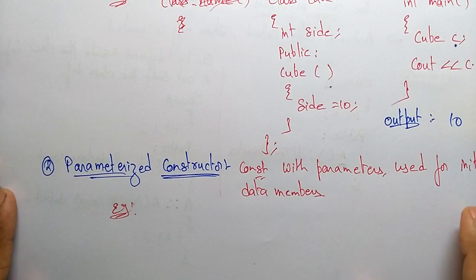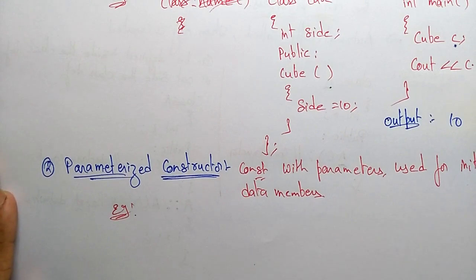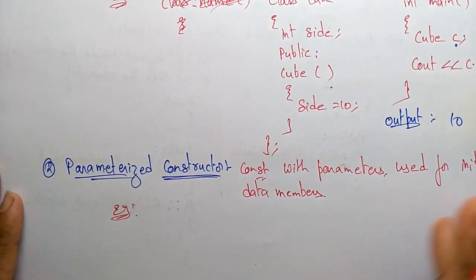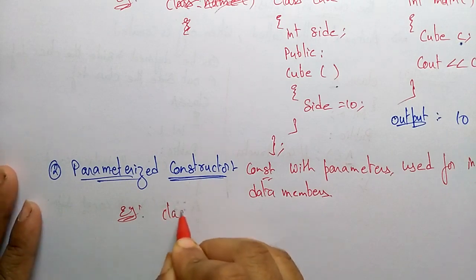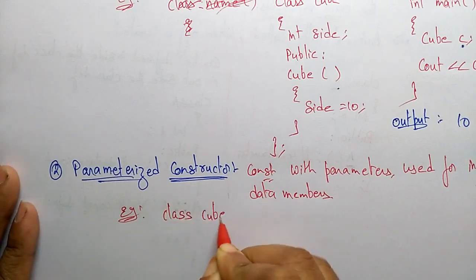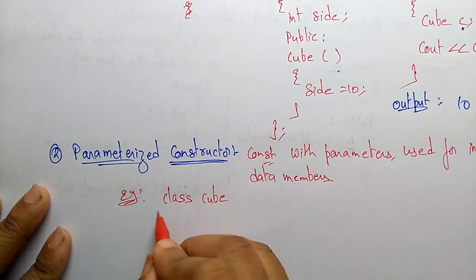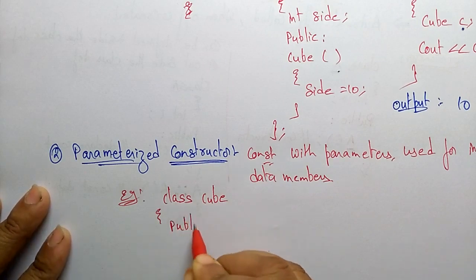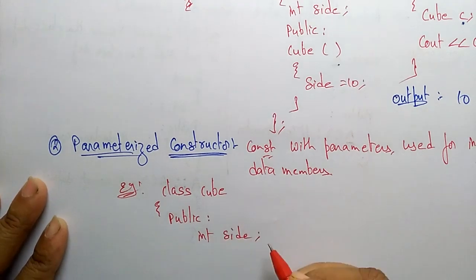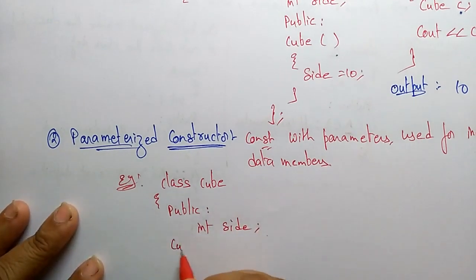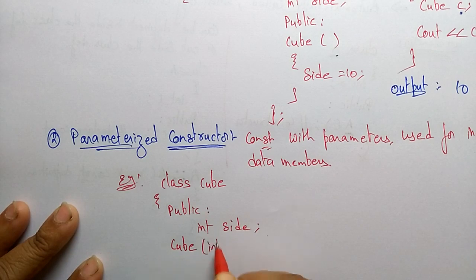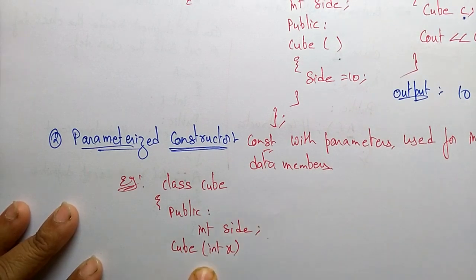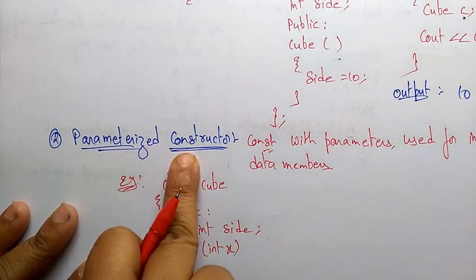Example for the parameterized constructor means the constructor with arguments, with parameters. So here the class, again we take class Cube, public, so inside are the data members. Now coming to the constructor Cube(int x). So here I am using the parameters. A constructor with parameters, you call it a parameterized constructor.